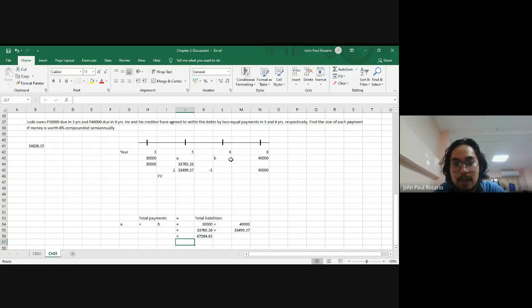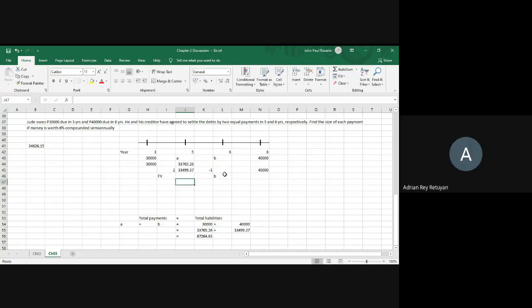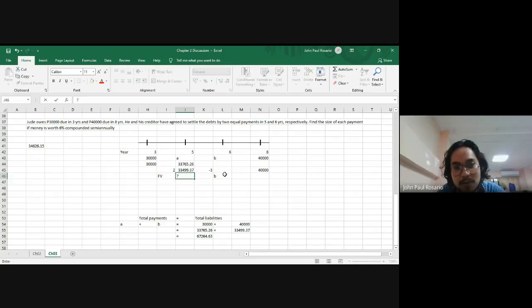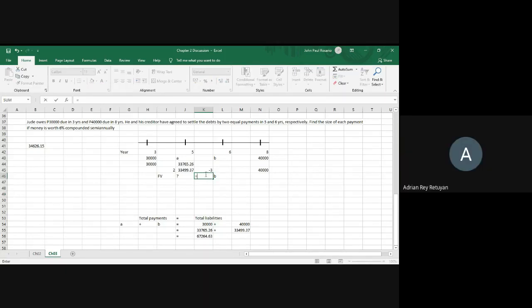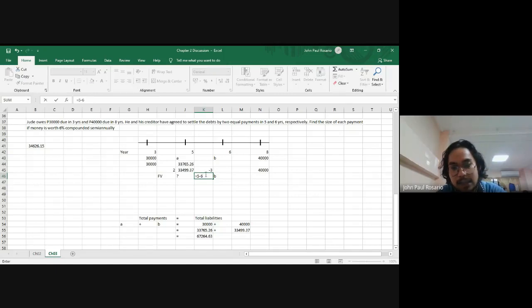Now, B is due at year 6. Okay? So, is it present value or future value? Future value, sir. Present. What is the question mark? The question mark compared to your known value. So, meaning this is also present value. So it equals 5 minus 6.